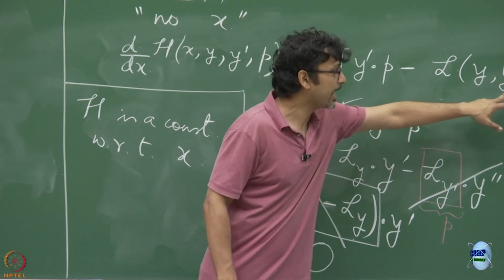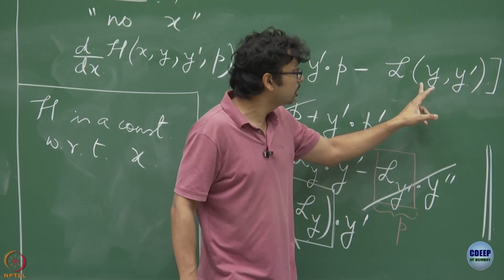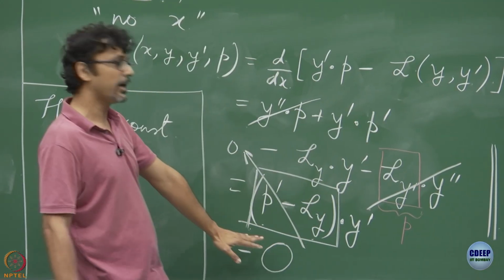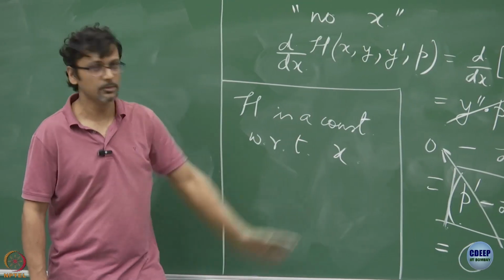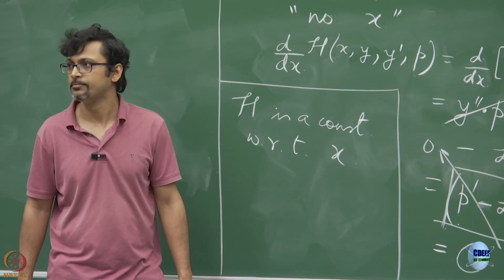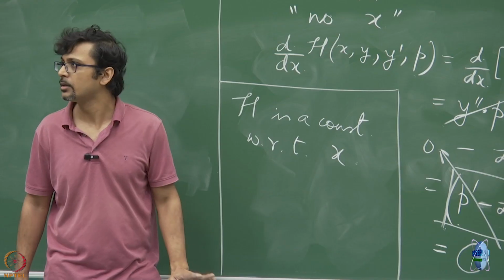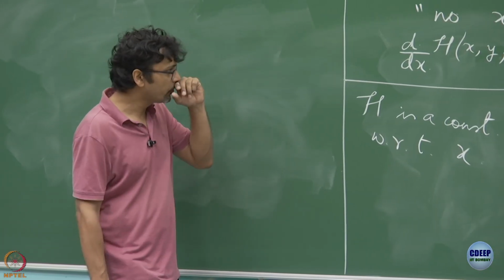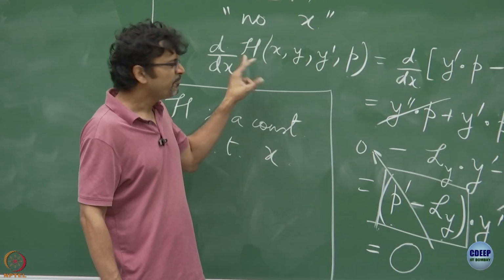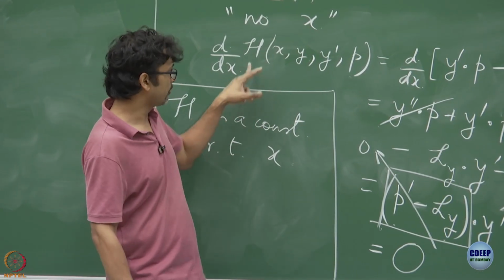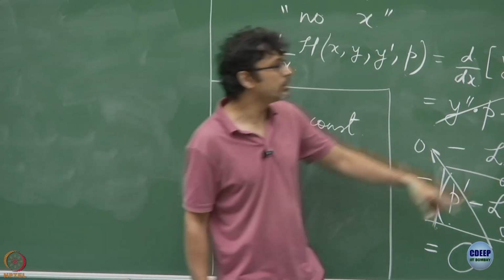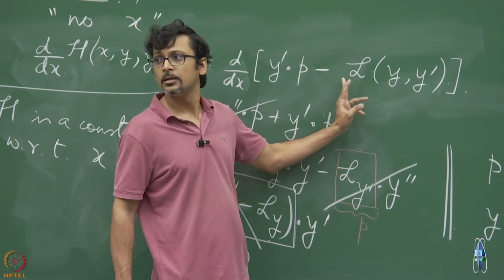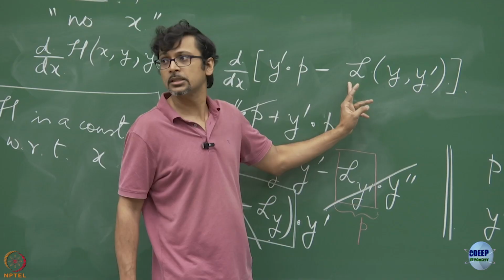You would have been left with an extra term here due to the dependency of the Lagrangian on x. Because it is not there, you manage to infer that this part is 0 and the other part doesn't exist in this situation. So it's important to know why it works in this manner. In general, what would happen? You would have this differential equation in terms of the Hamiltonian leading to something showing up as a partial in terms of the Lagrangian with respect to x.